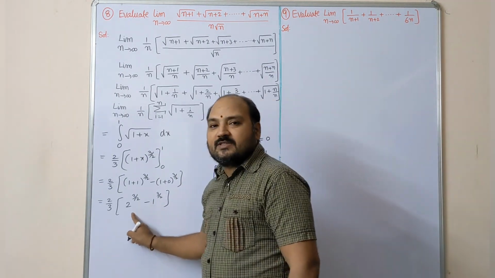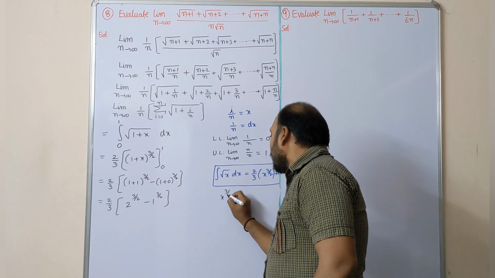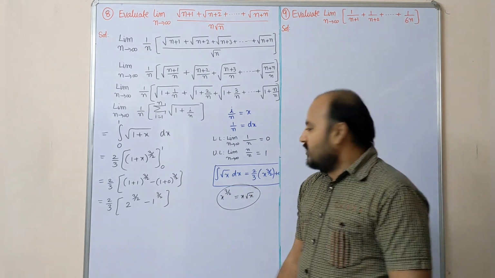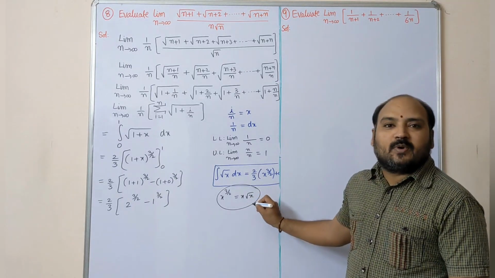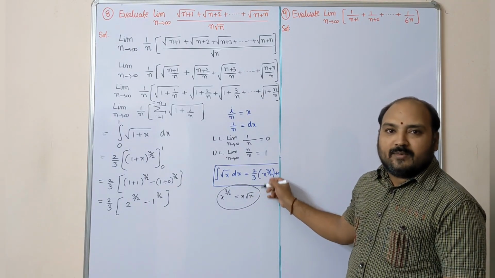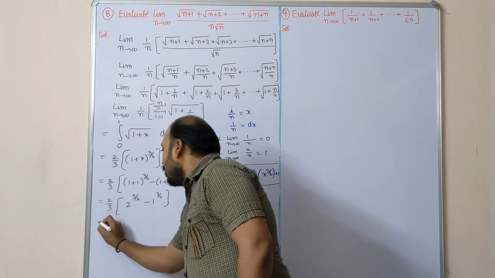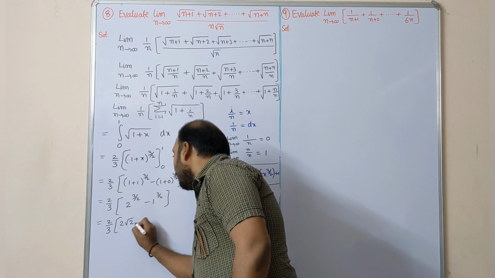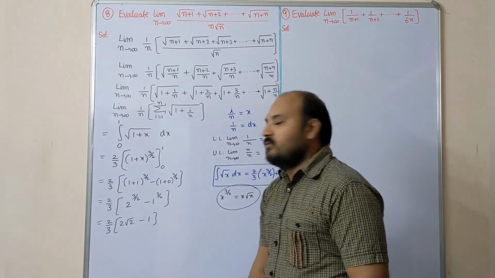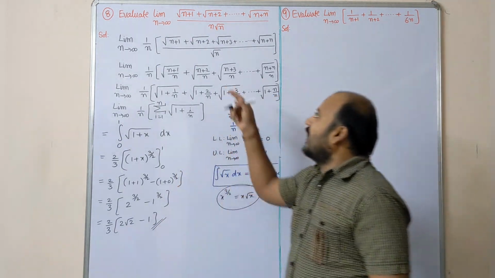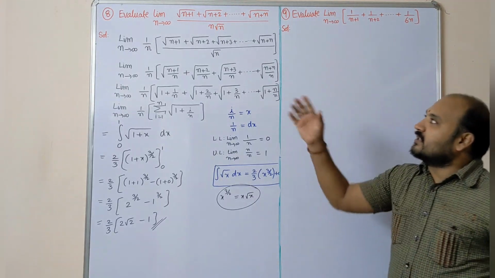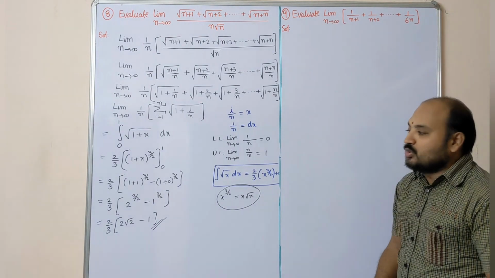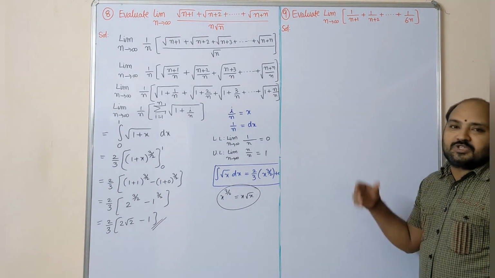And 2 power 3 by 2: x power 3 by 2 is x root x, since root x is x power 1 by 2, and 1 by 2 plus 1 is 3 by 2. So we can write it as 2 by 3 into 2 root 2 minus 1. This is the required value. So the limit as n tends to infinity of the given sum is equal to 2 by 3 times (2 root 2 minus 1).